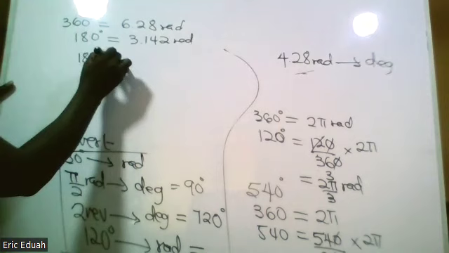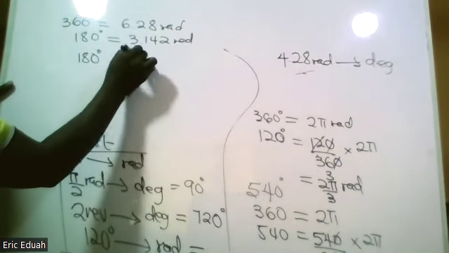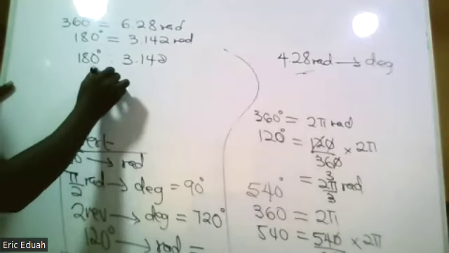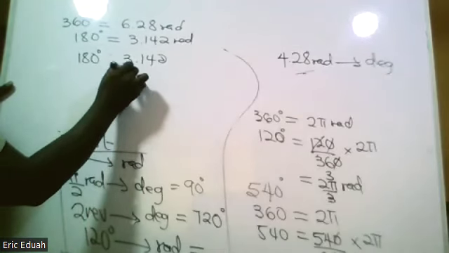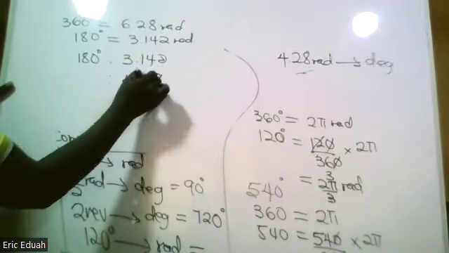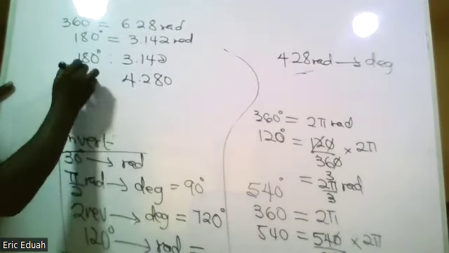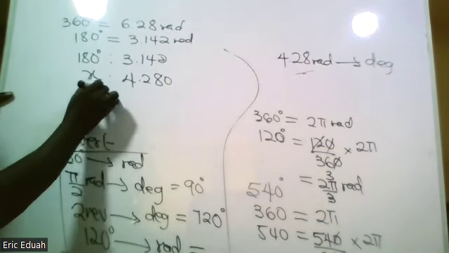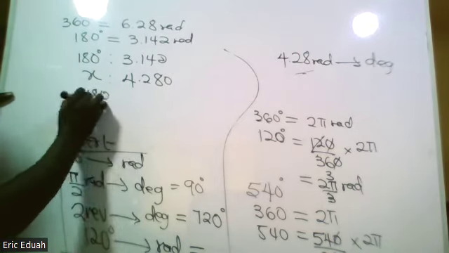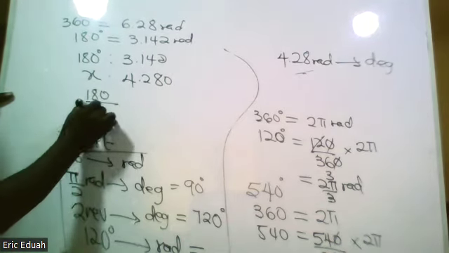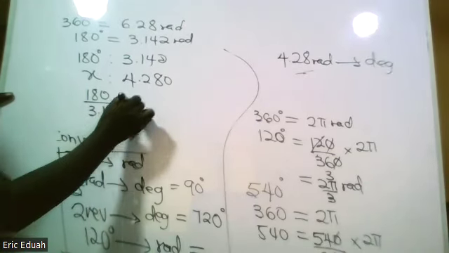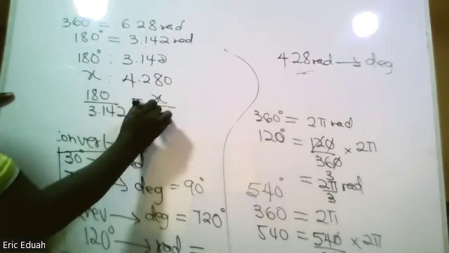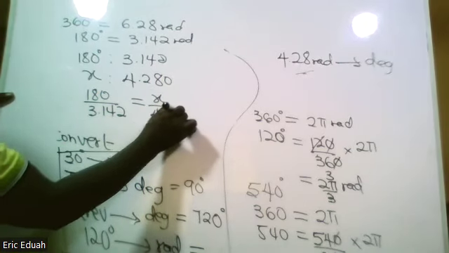180 is to 3.142, or you can use 360. Okay, then 4.28 is to unknown. So 180 divided by 3.142 must be equal to x divided by 4.28.